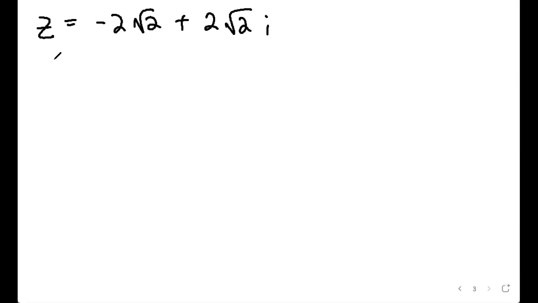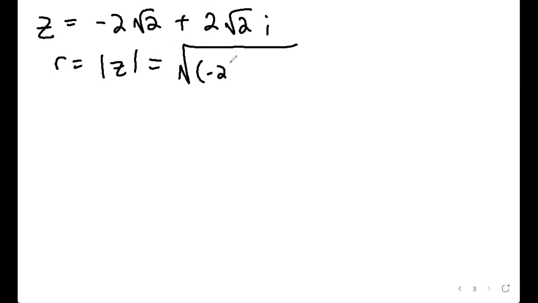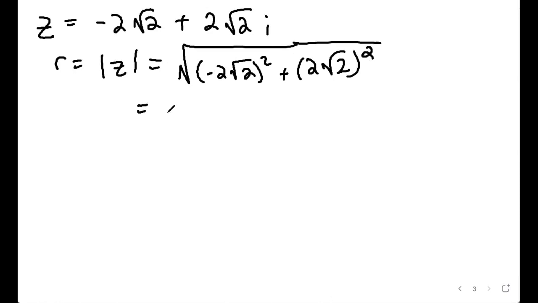For the r, it's just going to be the modulus of z, which is the square root of the x component squared plus the y component squared, and that's going to be 8 plus 8, the square root of 16, which is 4.